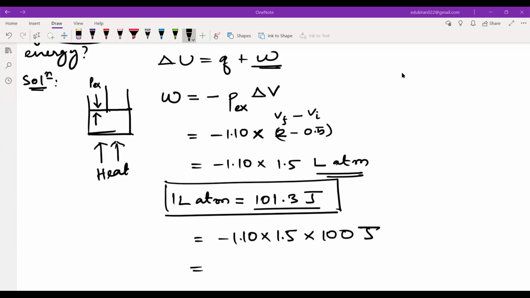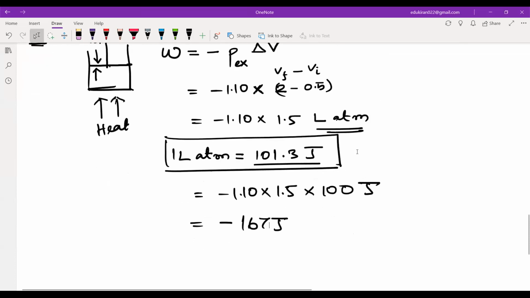Okay, fine. I think Khalil is right. It will be equal to minus of 167 joules. Right. Yes. I think around that value, you will get the answer.